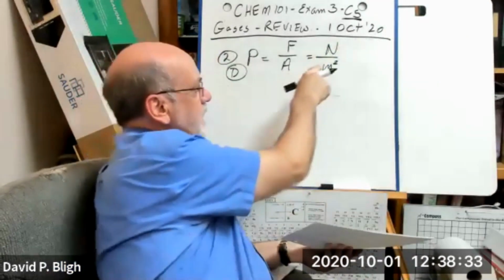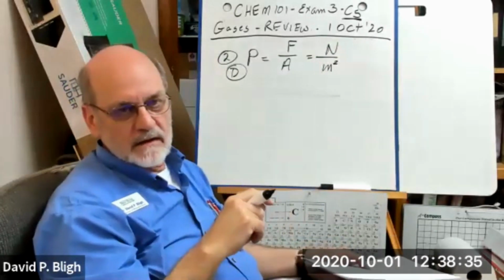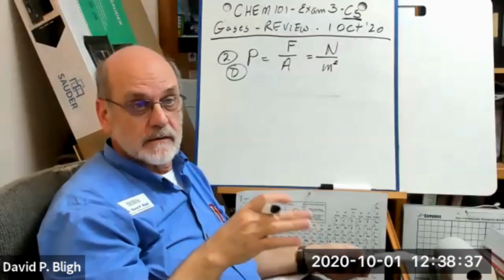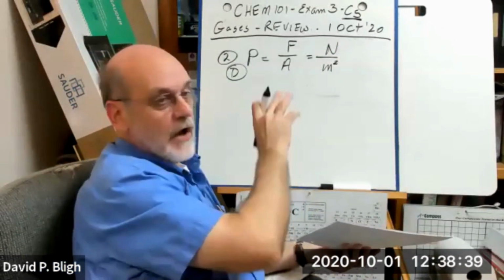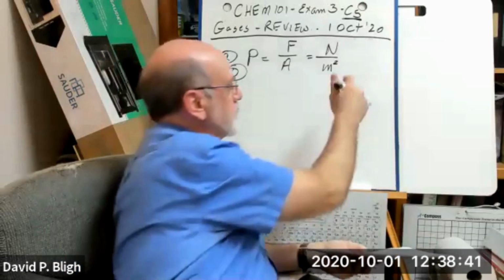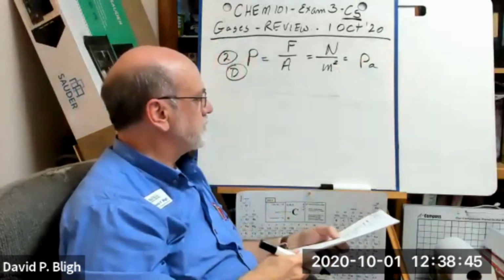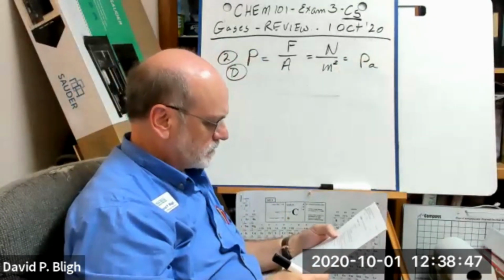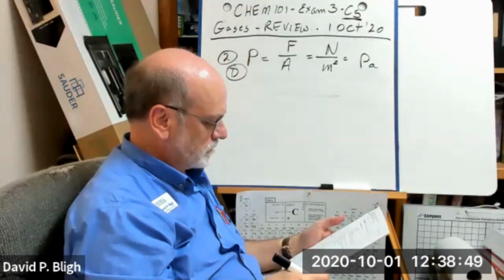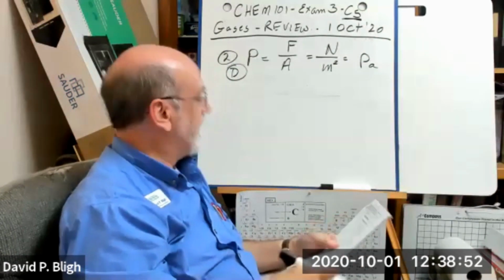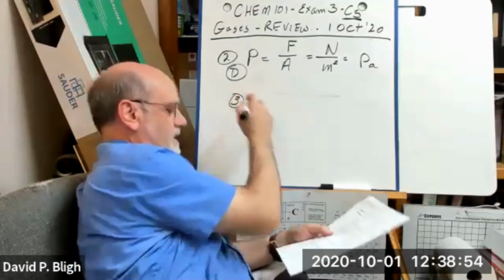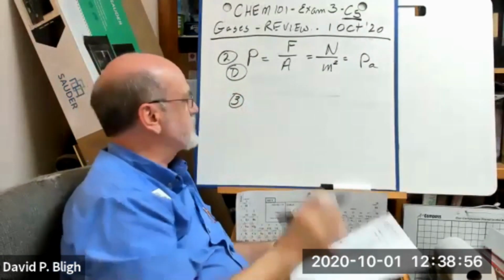And if we say that, then that's in SI units. And it's also given another value, which is equal to the Pascal. All right, and that answers number 3. The SI unit of pressure is the Pascal.